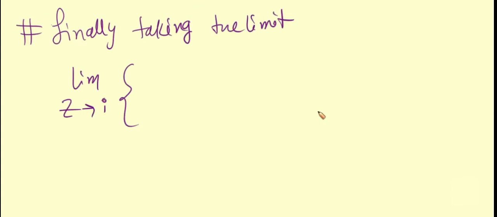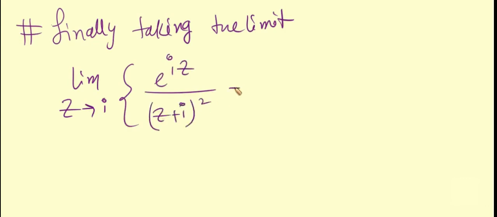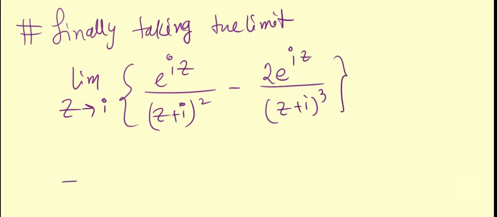So let's take the limit. So this is just, again, let me write down the whole thing. And you can easily find out the limit because there is no ambiguity over here, no 0 by 0 or no infinity by infinity formation.